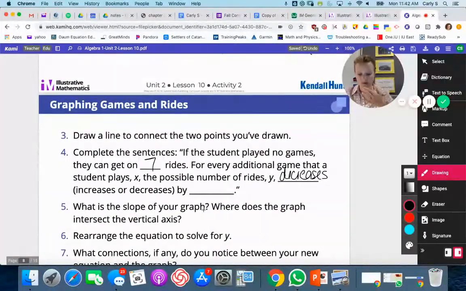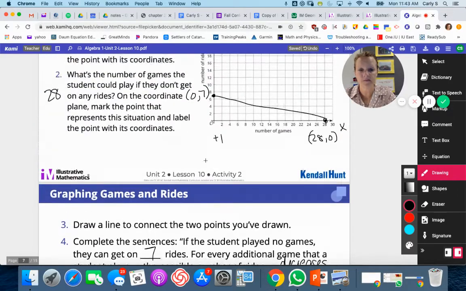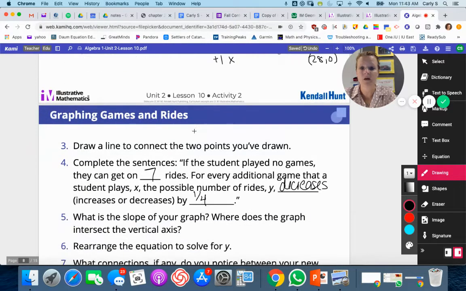I think it's a 1/4. Double check. Yep. Okay, it decreases by a 1/4. So plus 1x gives me minus a 1/4 y. And that keeps on going.